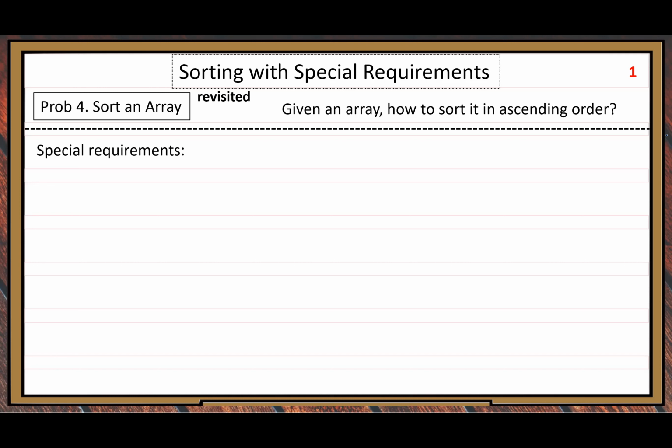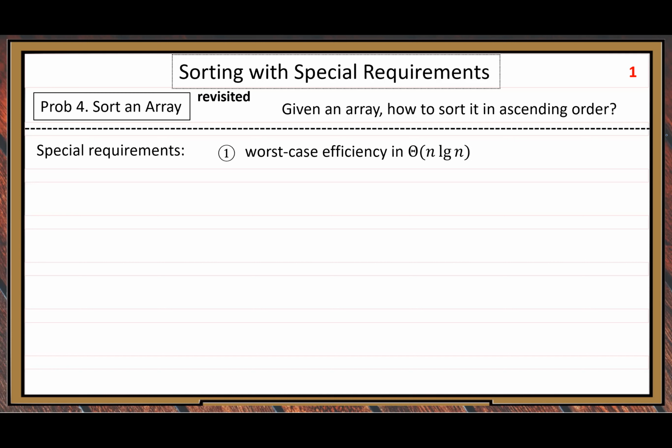If you consider some special requirements, probably you need to consider a different sorting algorithm. Here, let me give you the special requirements first. The first requirement, the worst case efficiency must be in big theta of n log n. That's the first requirement.